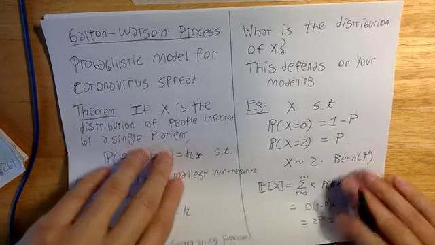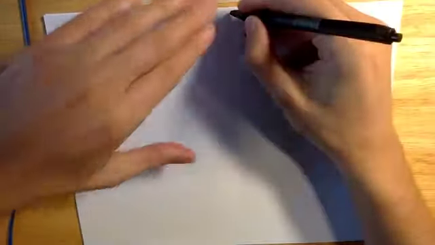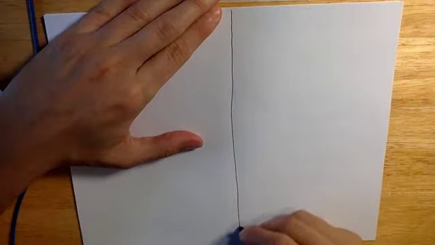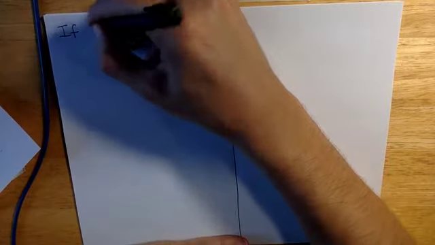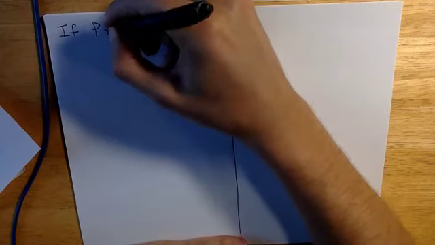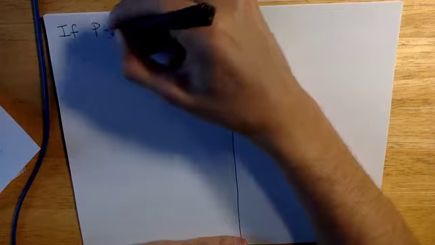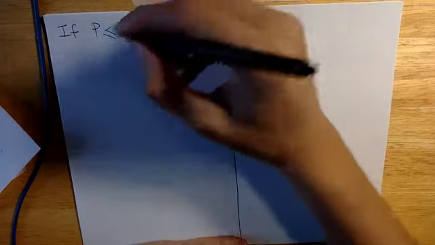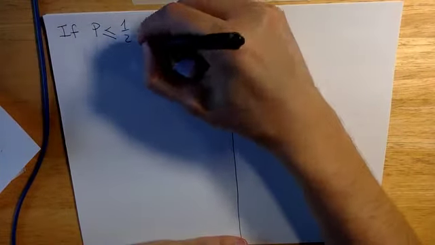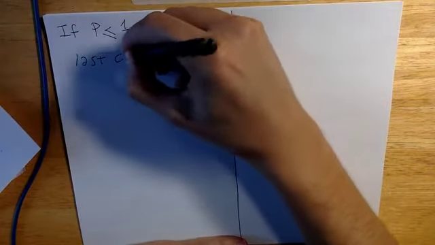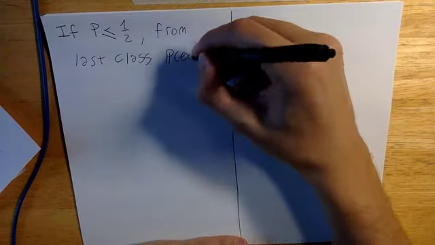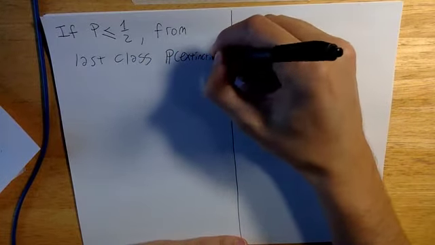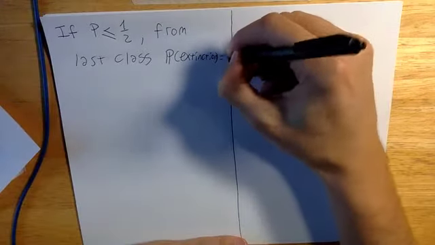So if p is less than or equal to a half, then from last class, the probability of extinction is equal to 1.